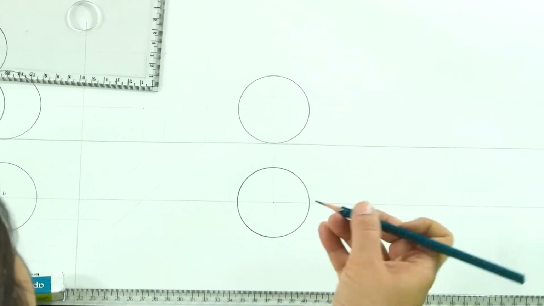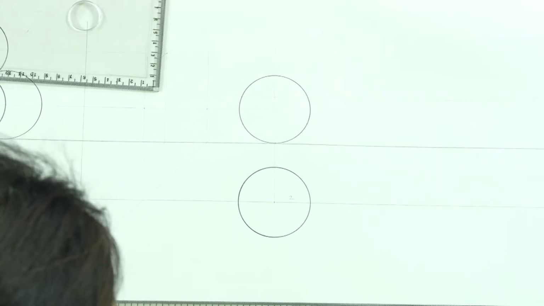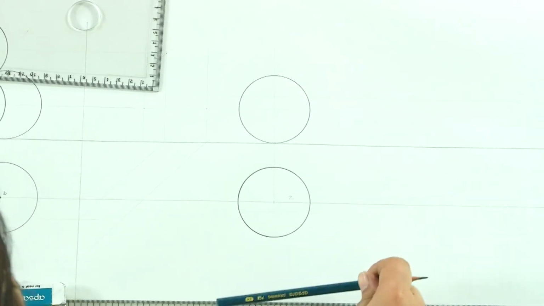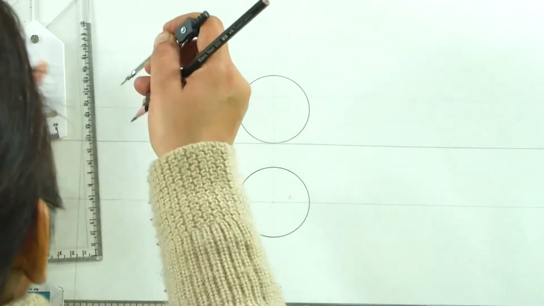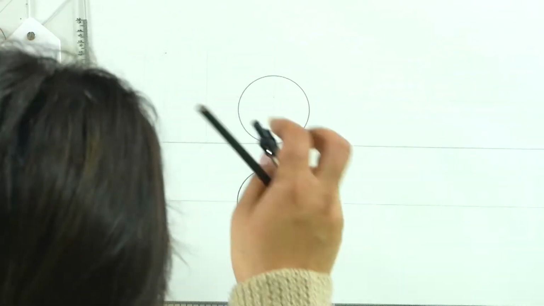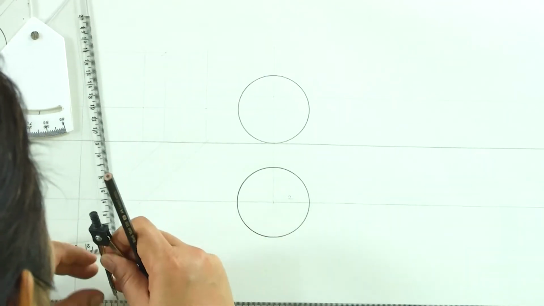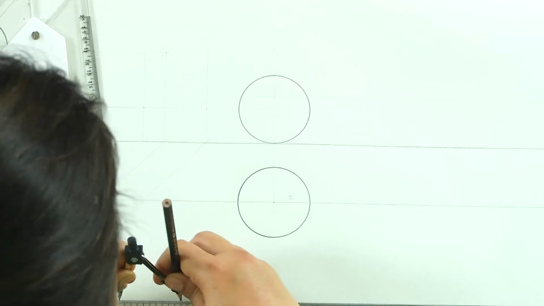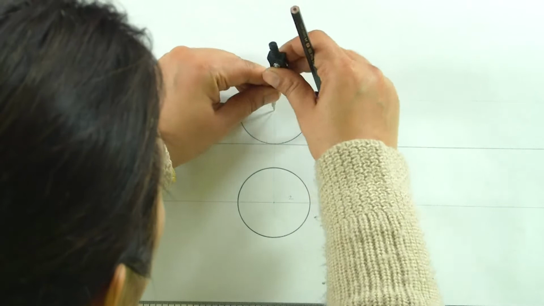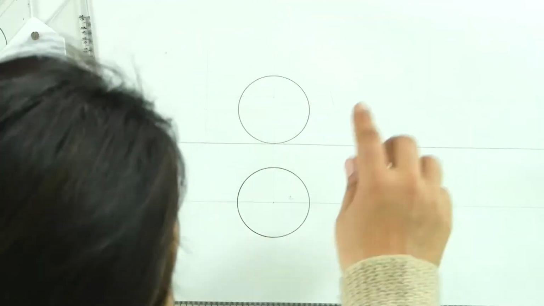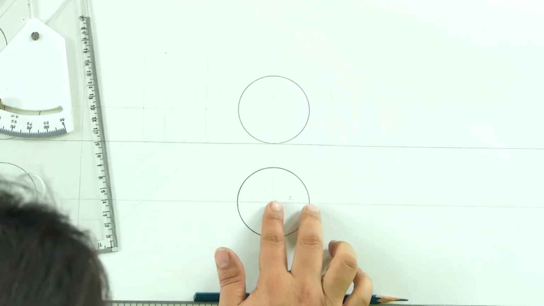If this radius is 2 centimeters and that of the bigger sphere is 3 centimeters, then the total distance between the two is 5 centimeters. We do not know where, we just know that it is somewhere on this line. So, all we have to do is measure a distance of 5 centimeters from this center, which is fixed, and have a line cutting. So, this is 2 and 3.